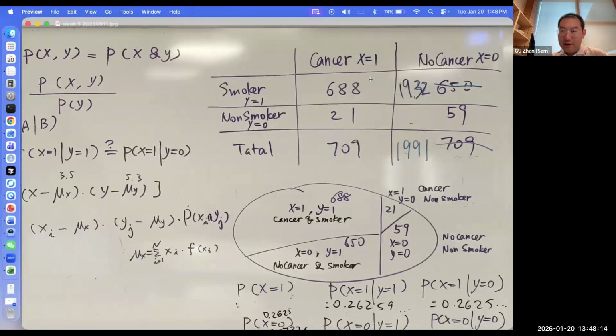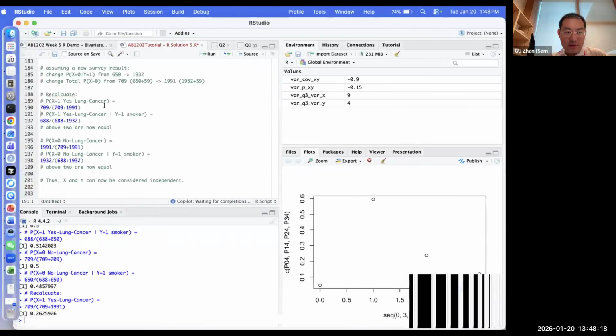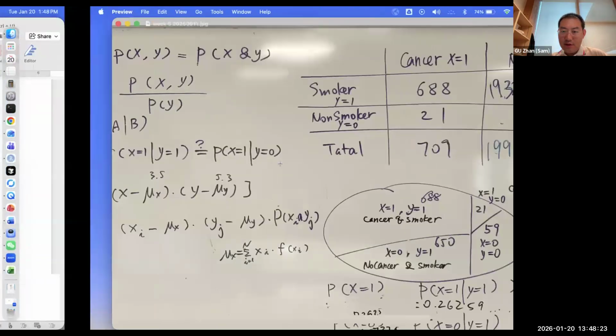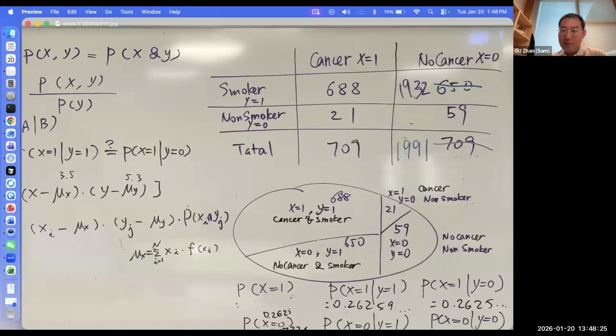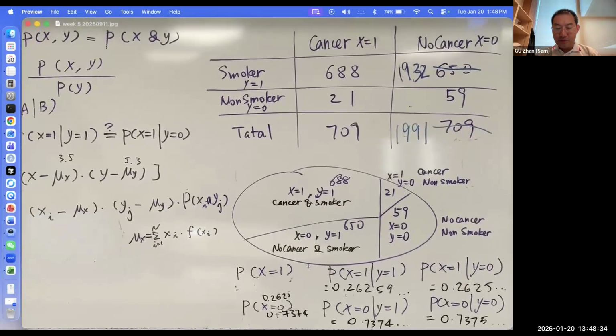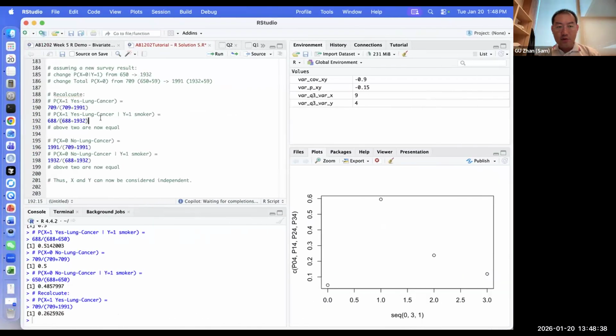This is the marginal probability of getting cancer, about 26%. Then next we want to calculate yes, lung cancer, given smoker.